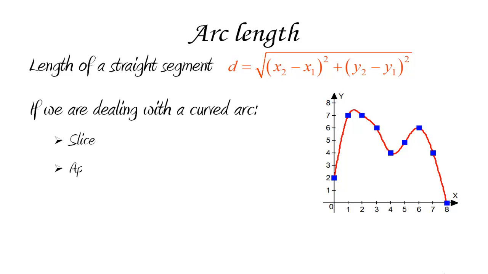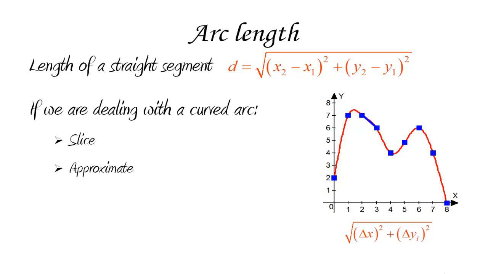Then we're going to approximate each one of the sections that we have constructed in this way through a straight segment. For each one of these sections, the length of the segment that we're using as an approximation is going to be equal to the square root of delta x squared, which is the horizontal distance, the x2 minus x1 squared that we have in the formula above, plus delta yi squared.